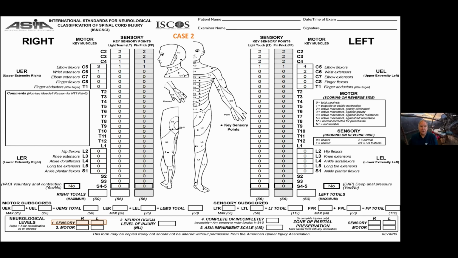So your neurological level of injury would be C3. All right? And are you going to call this a complete or an incomplete injury? It is complete. All right. So your ASIA impairment scale is going to be ASIA A. All righty.